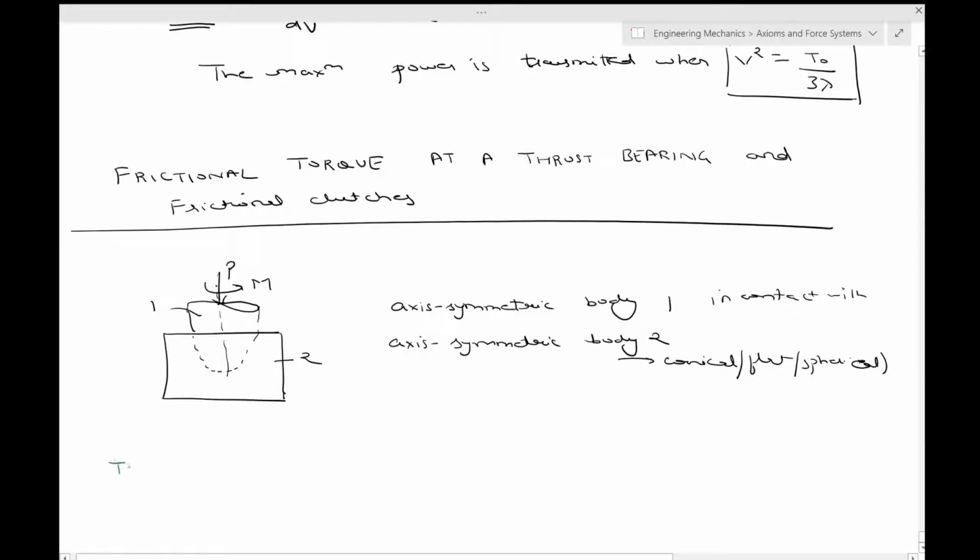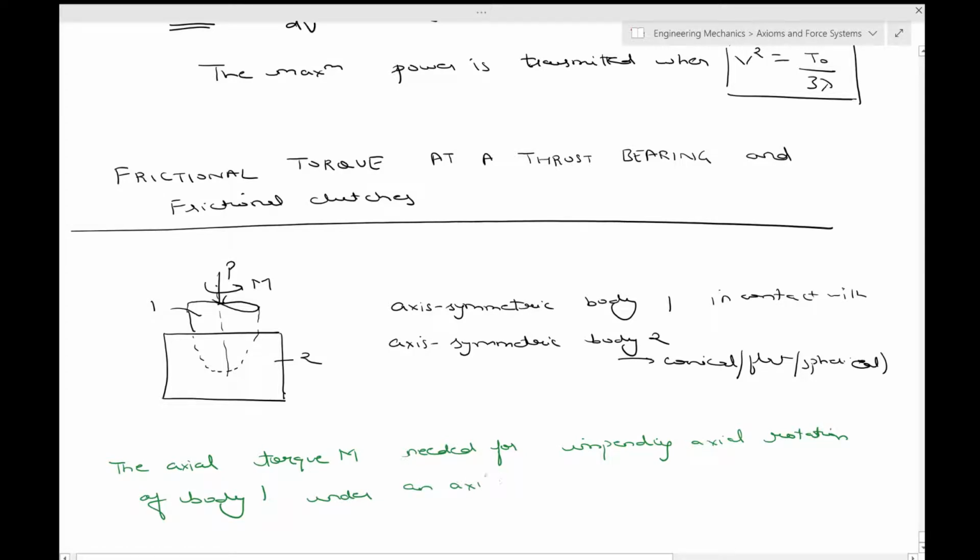The axial torque M needed for impending axial rotation of body 1 under an axial thrust P is to be determined.